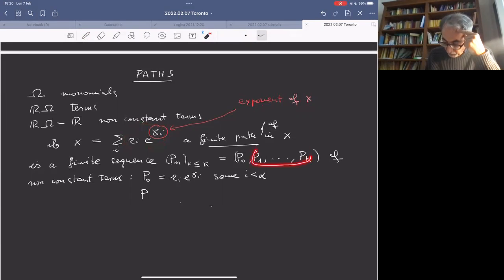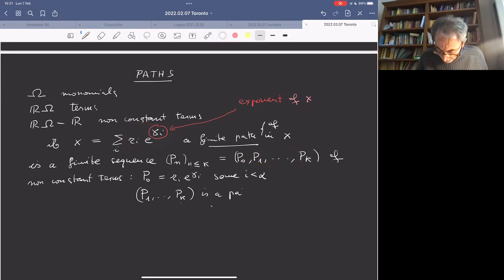And the rest of the sequence, the tail, P1 up to Pk, which is a shorter sequence, is a path of the exponent gamma_i that we have chosen.